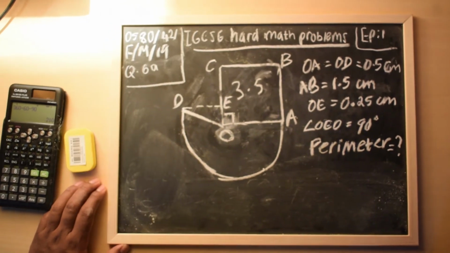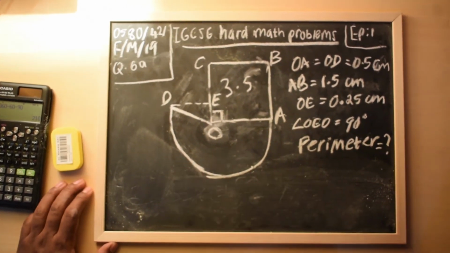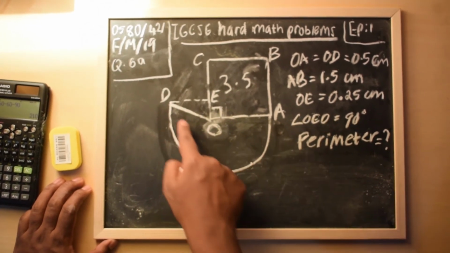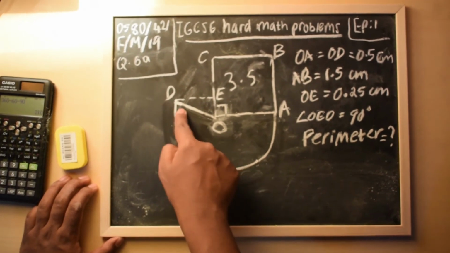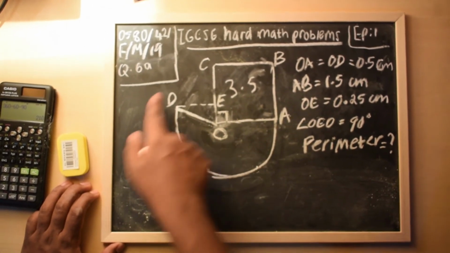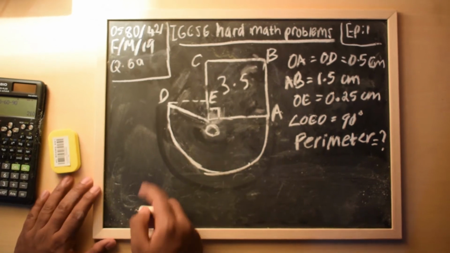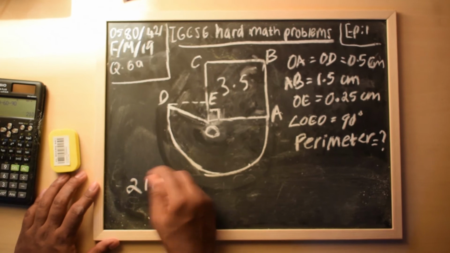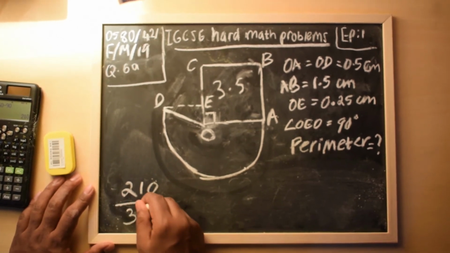So to find the perimeter of this sector, first we have to find this circumference, and then we have to add this value, not this value, because, you know, it's inside the logo. We have to find the outside part. So to find the perimeter, you have to actually use 210 of 360.